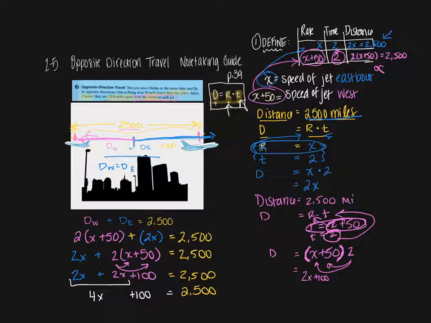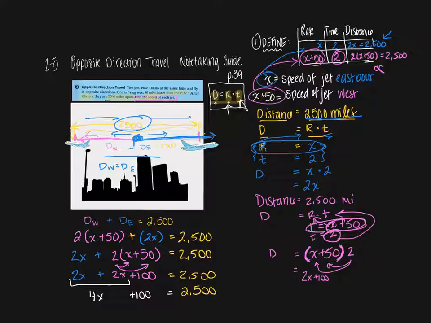Well, it does, but I don't know what the distance is from this point to each. If I divided 2,500 in half, I could come up with it. But if I'm talking about the total distance, I have to add the distance of one plane plus the distance of the other when they're going opposite.